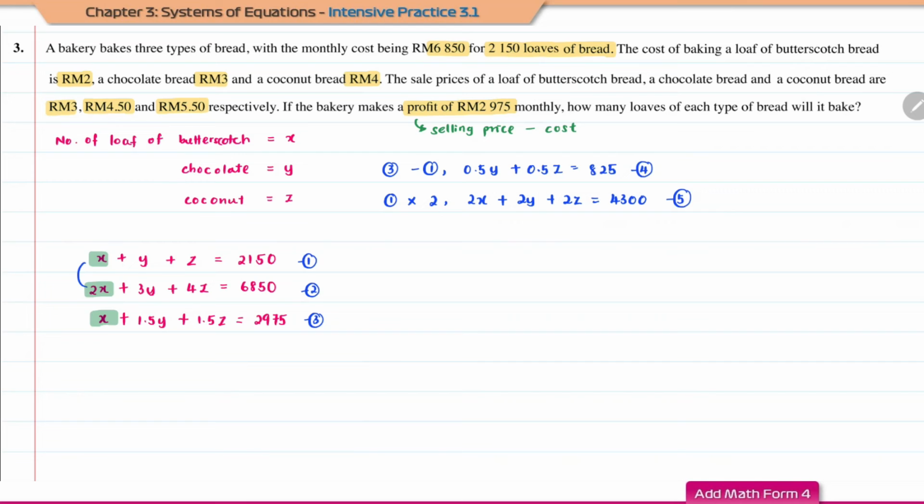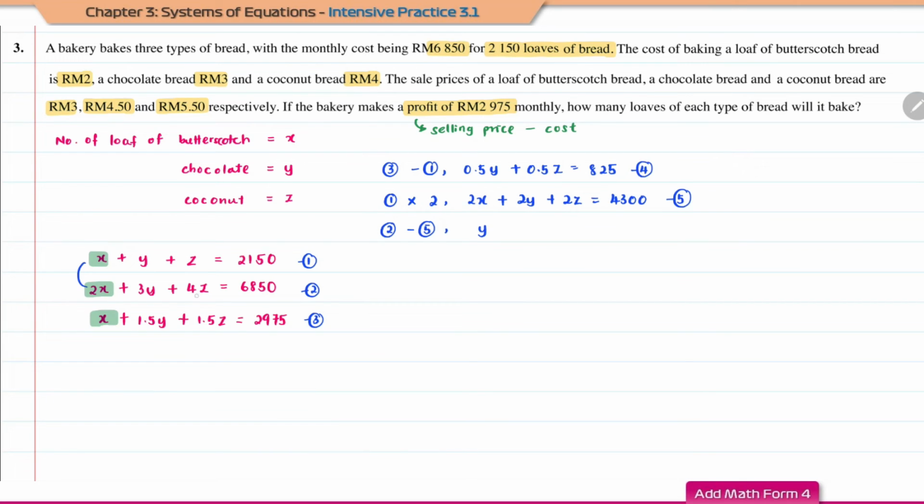So now let us focus on equations 5 and equation number 2. To get rid of the 2x, I'm going to use equation 2 minus equation 5. So 2x minus 2x is 0. 3y minus the 2y here, I'm going to have 1y.